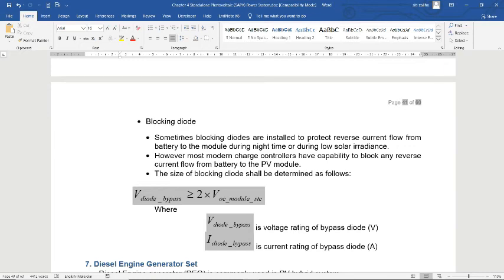Sometimes blocking diodes are installed to protect against reverse current flow from the battery to the module during night time or during low solar irradiance. However, most modern charge controllers have the capability to block any reverse current flow from the battery to the PV module. To calculate the size of the blocking diode, V diode should be greater than 2 times VOC module STC.